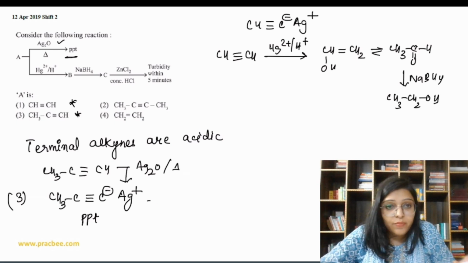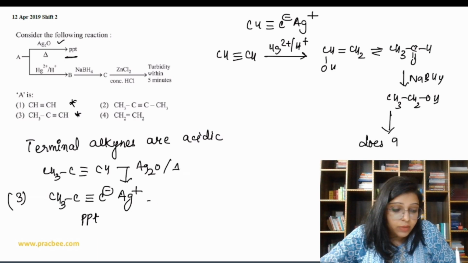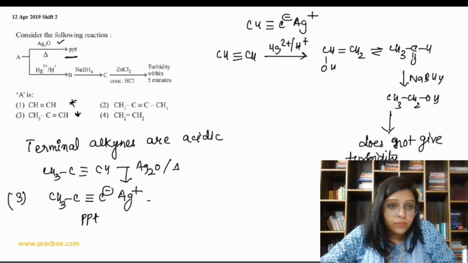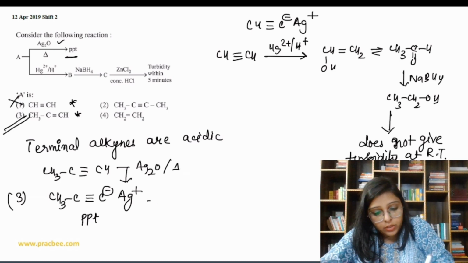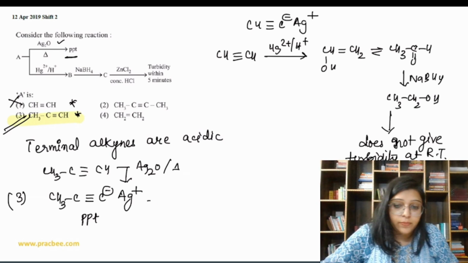A 1-degree alcohol will not give turbidity at room temperature. So this is not correct. Option 3 is going to be the correct answer.